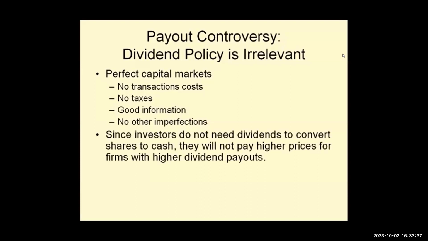Under these conditions, investors can convert shares to cash and vice versa without paying taxes or transactions costs. Since investors do not need dividends to convert shares to cash, they will not be willing to pay higher prices for firms with higher dividend payouts.